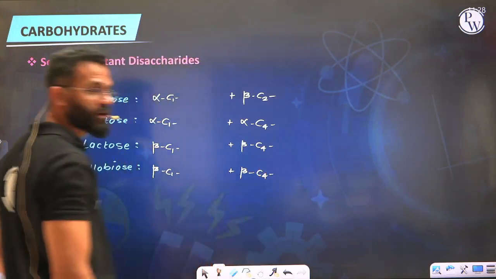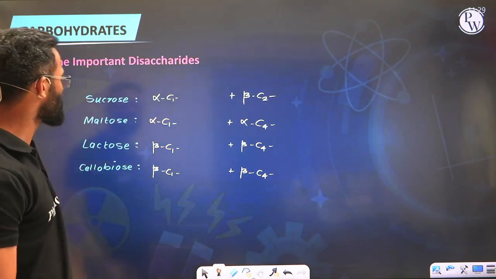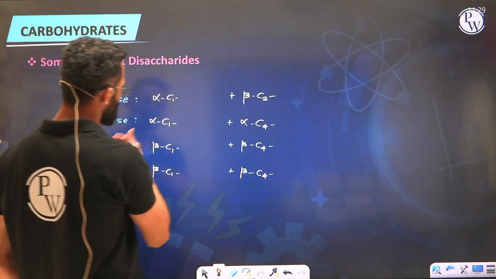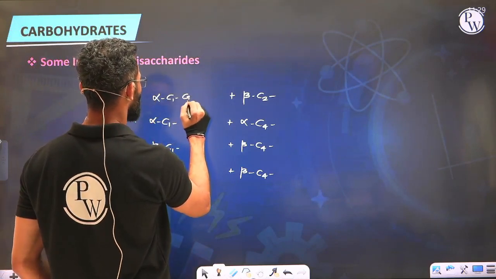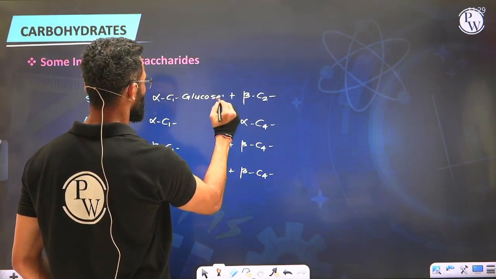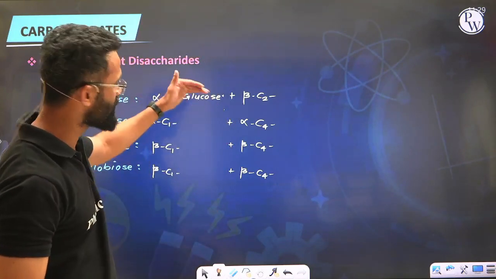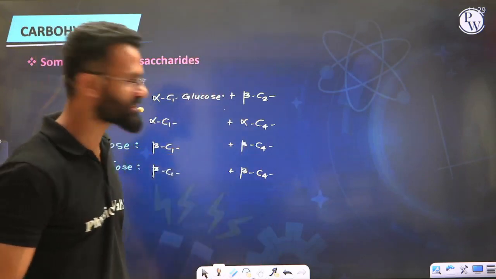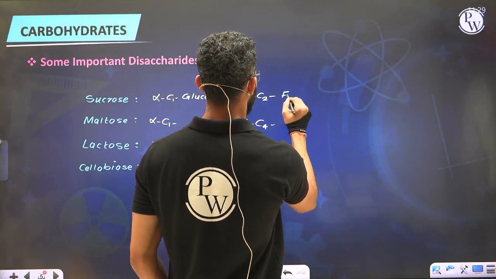And now you just have to know which monosaccharides make up that particular disaccharide. Like sucrose is made up of glucose and fructose. So you'll have glucose. Of course, it is going to be in the form of glucopyranose in its Haworth projection, but I'm just writing the name because you just have to understand what sugar it is. So glucose and fructose.